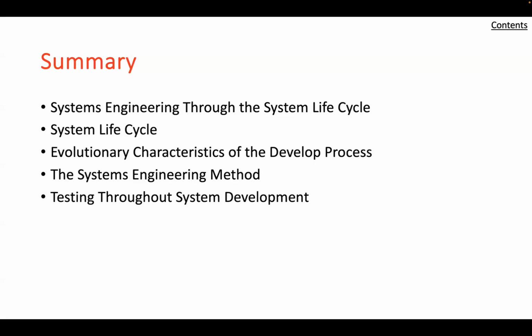Then we talked about the system engineering method. The system engineering method involves four basic steps: requirements analysis, identifying what requirements are needed; functional definition, which translates physical requirements into functions; physical definition, synthesizing alternative physical implementations; and design validation, which models the system environment and validates the design. These four steps are applied repeatedly in each phase during development.